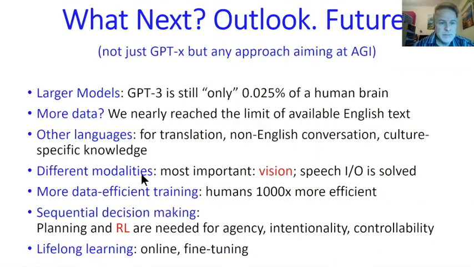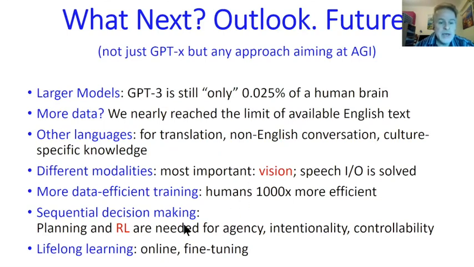Well, what next? Larger models, more data, but we already reached the limit of available English text. So there's a limit to more data. Larger models, we need to wait for more efficient algorithms or faster computers, so you can't do that tomorrow. But we have lots of other languages, so for translation, it could be useful. Different modalities, so vision is not in GPT-3, and many people argue that this is very important to get a more direct experience of the real world.